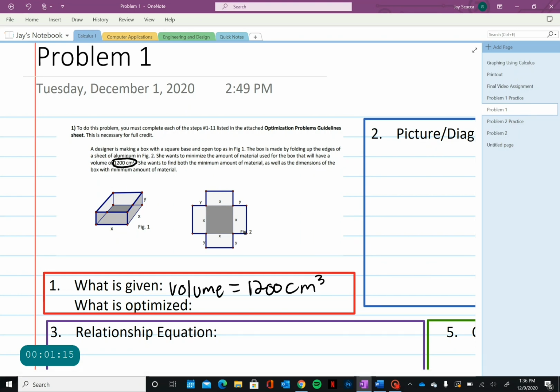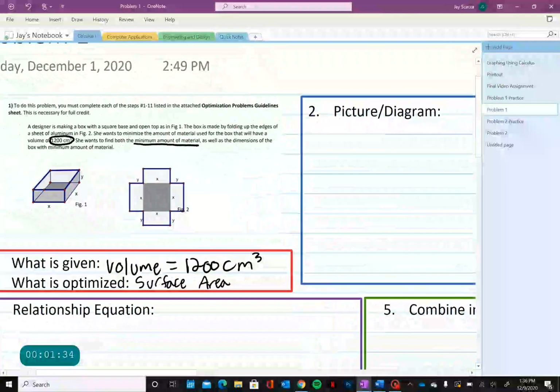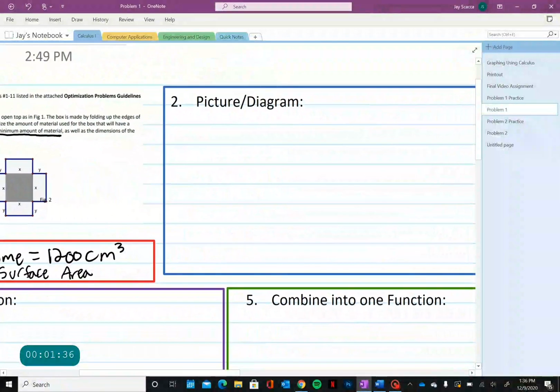It is asking for the minimum amount of material, so minimum surface area, and then we could draw a picture like they show in figure 1.